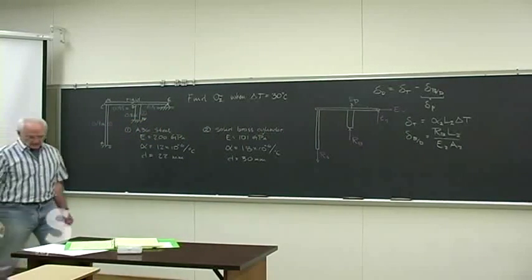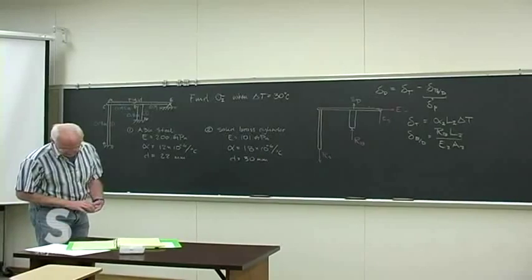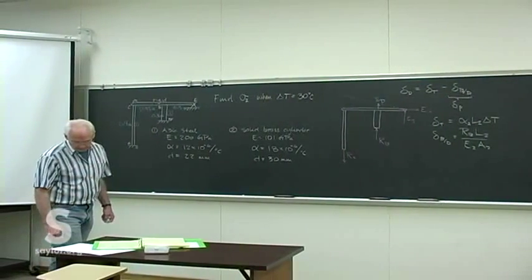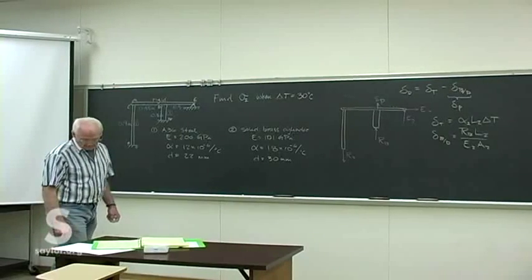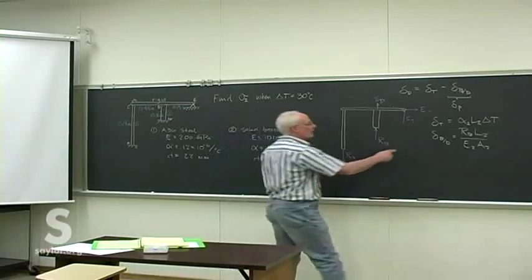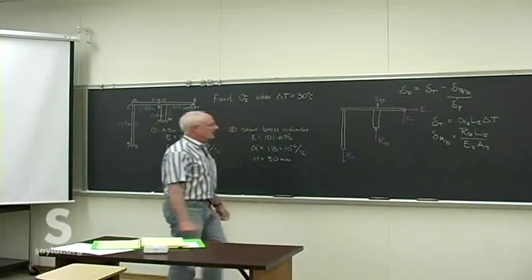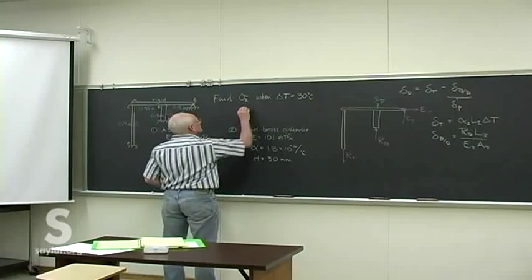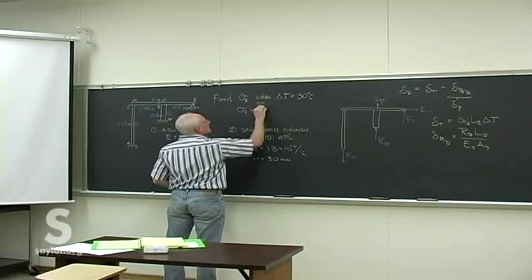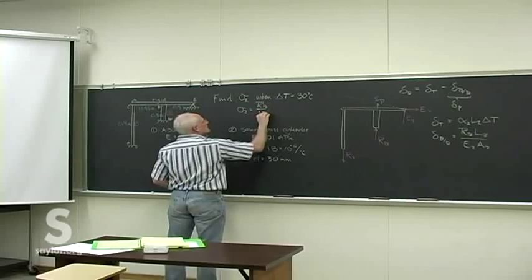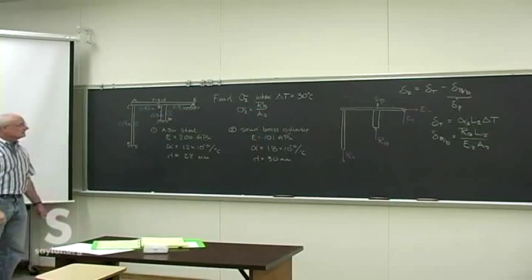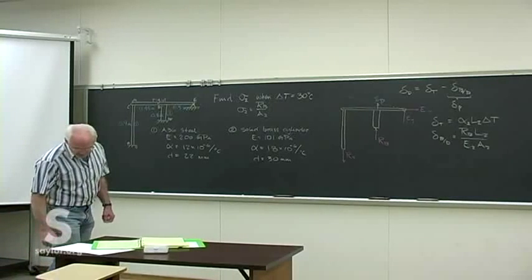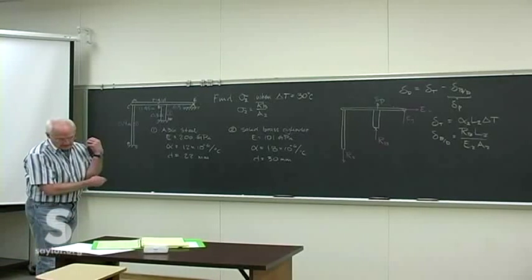And so you can figure out all of those pieces and put them in. Remember, though, that RB at this point is unknown. We're going to need to find that because we need to find the stress in that piece. So that'll give us one equation with RB unknown.